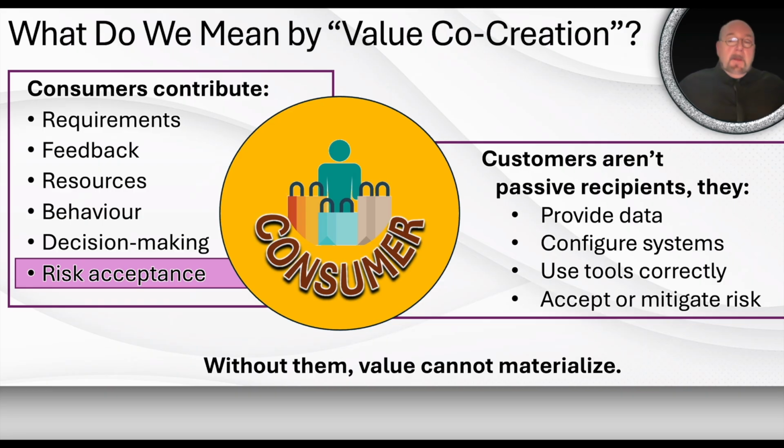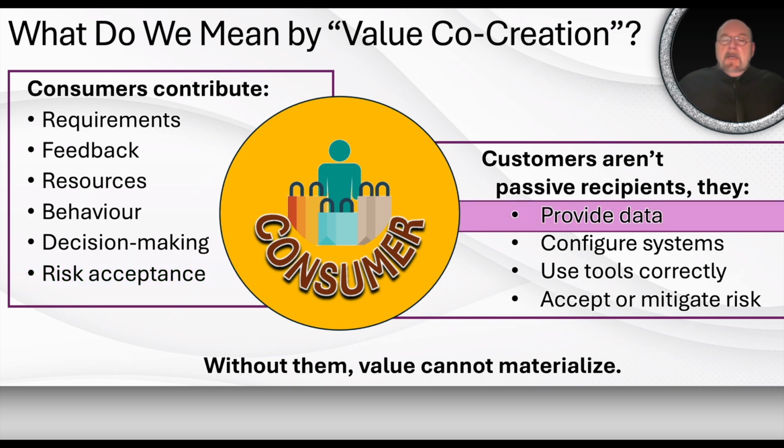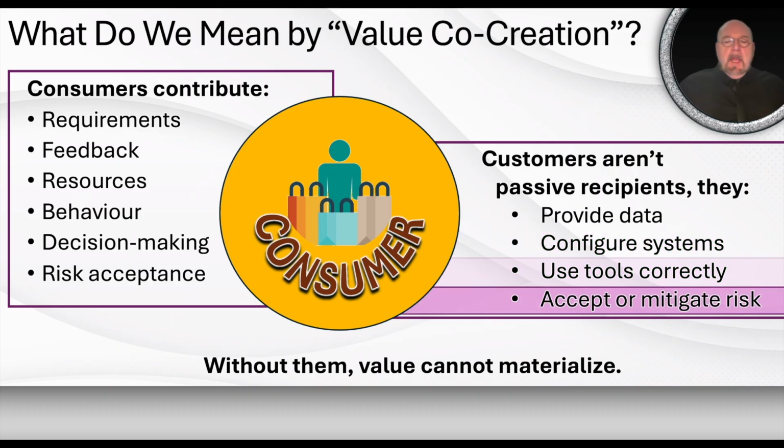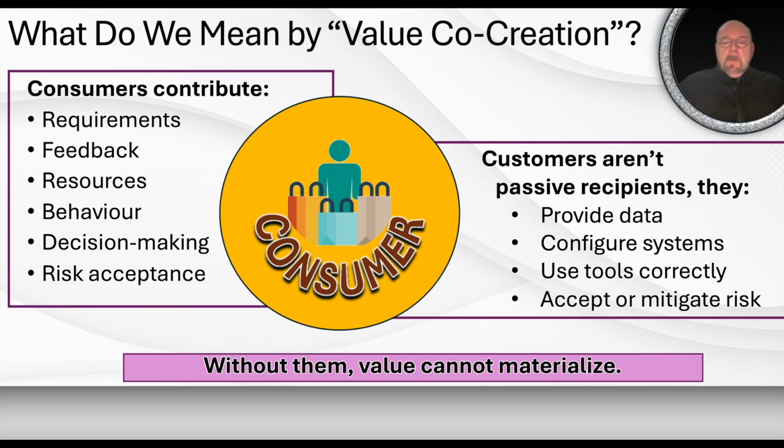And at some point, they will have to accept some risk. We cannot get it to zero. It's almost impossible. Now, they're not passive recipients. They provide data, configure systems, use tools, and accept or mitigate the risk. And without the consumer, there's no chance for value to materialize. They're critical. That's where the value and the outcome happens.